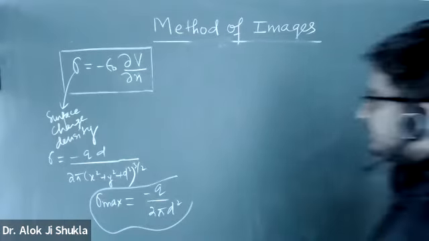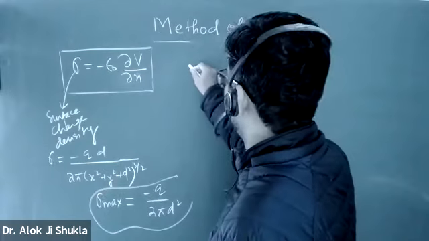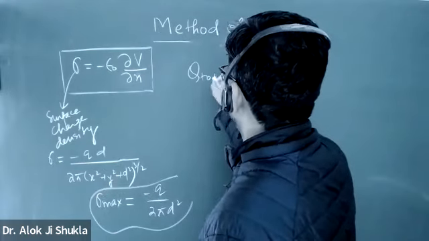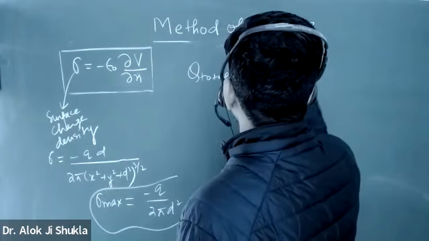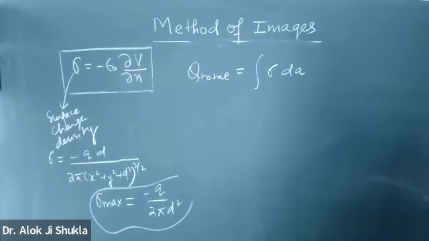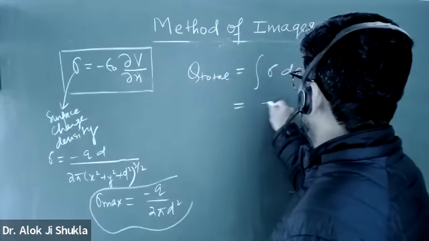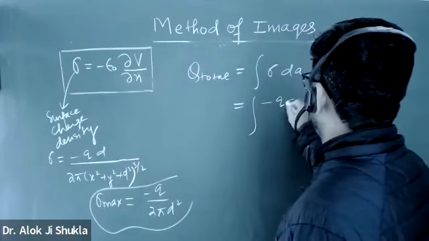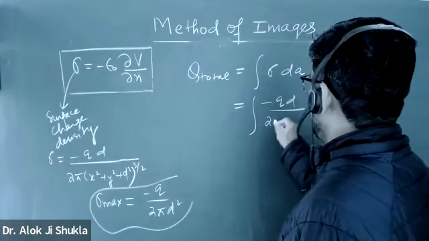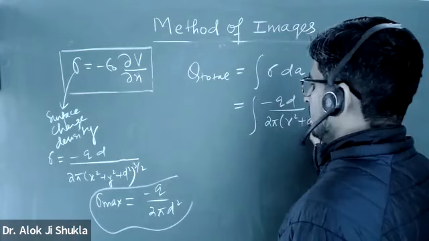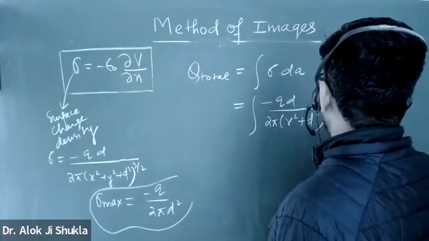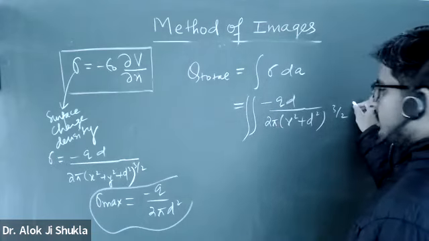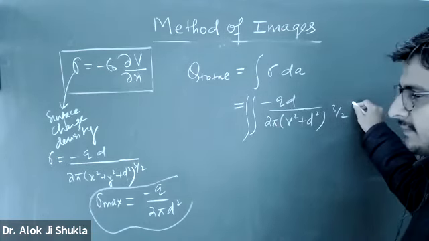So how interesting. And please see, if you calculate Q total, you will do integral sigma dA, yes or no? Yes, sir. And you take minus qd by 2 pi, take it in polar coordinates, r square plus d square to the power 3 by 2, put a double integral and put the small area on the surface, which is r dr d phi.